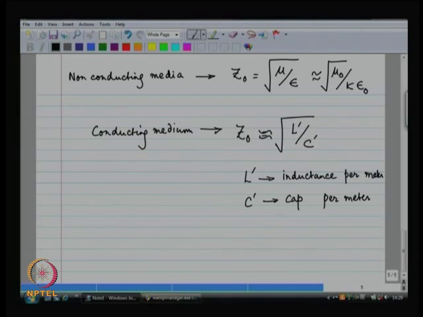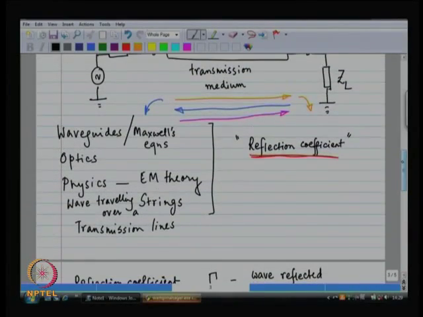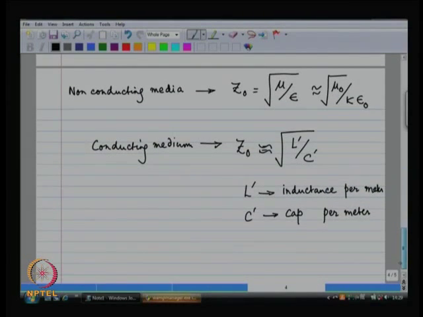Now, these formulae look similar under all of these different theories: waveguides, optics, strings, waves traveling over a string. You will get very similar looking expressions. They might be a tad different for mechanical vibrations traveling over strings.